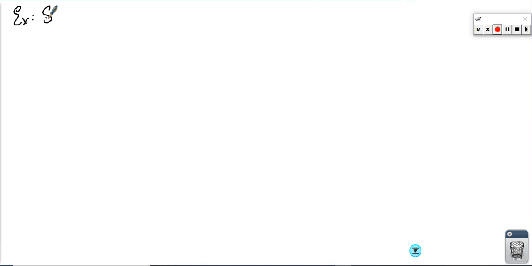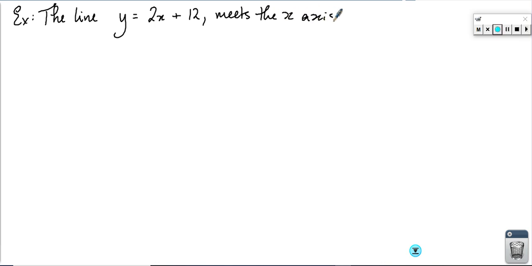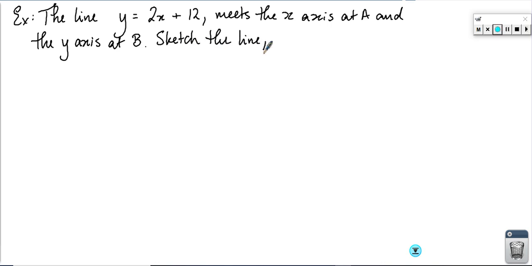So example, sketch the line y equals 2x plus 12 meets the x-axis at A and the y-axis at B. Sketch the line, hence find 1.